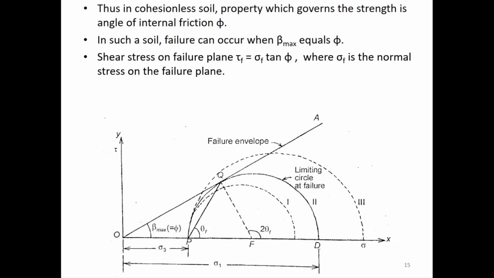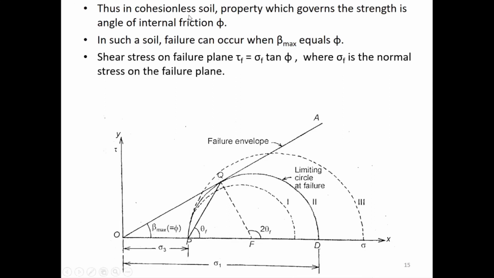So soil gets its strength from two parameters we discussed in the first class: one is the friction between the particles and the other one is the cohesion between the particles, right? Do you remember? And how do they get their friction? Due to interlocking or friction developed against rolling or sliding between the particles. And the other strength parameter was cohesion, which is developed due to the electrostatic forces between the particles.